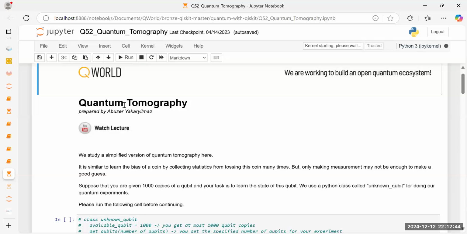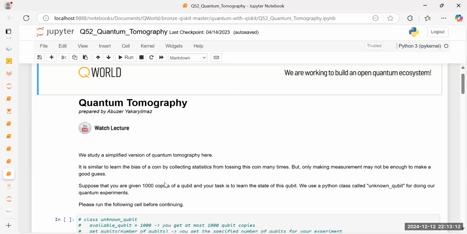Okay, so for quantum tomography, what we covered here was a situation whereby we're given multiple copies of a quantum state, and we don't know what that quantum state is.